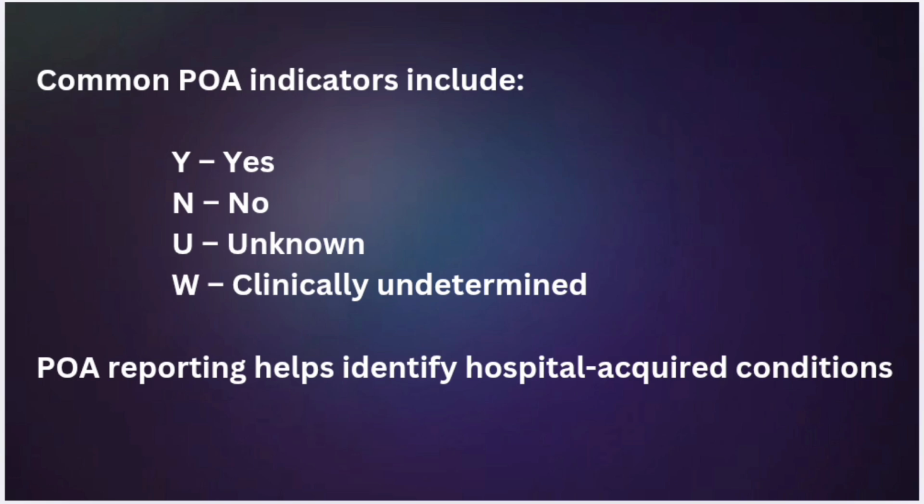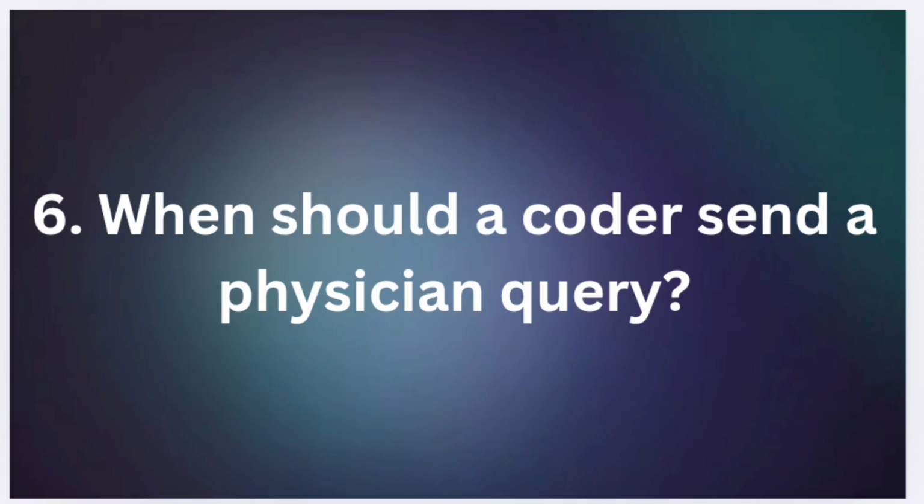So Y represents yes, N represents no, U represents unknown, and then W indicates clinically undetermined. So POA reporting helps to identify the hospital acquired conditions.